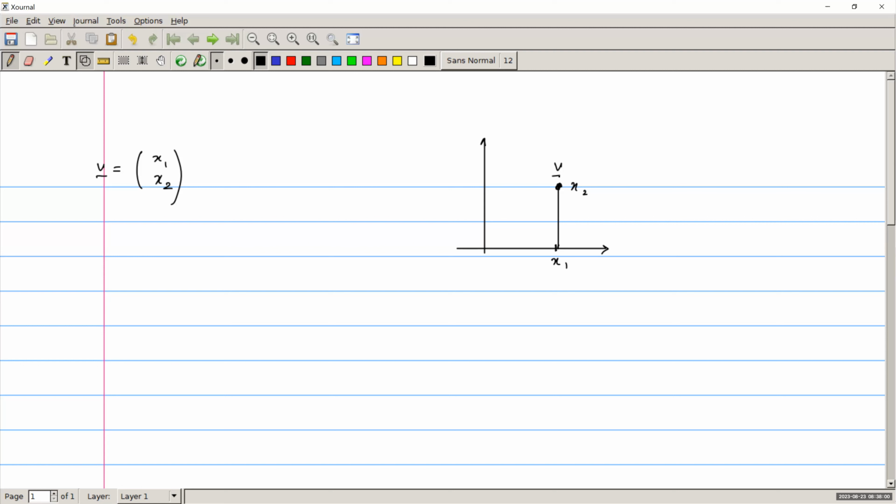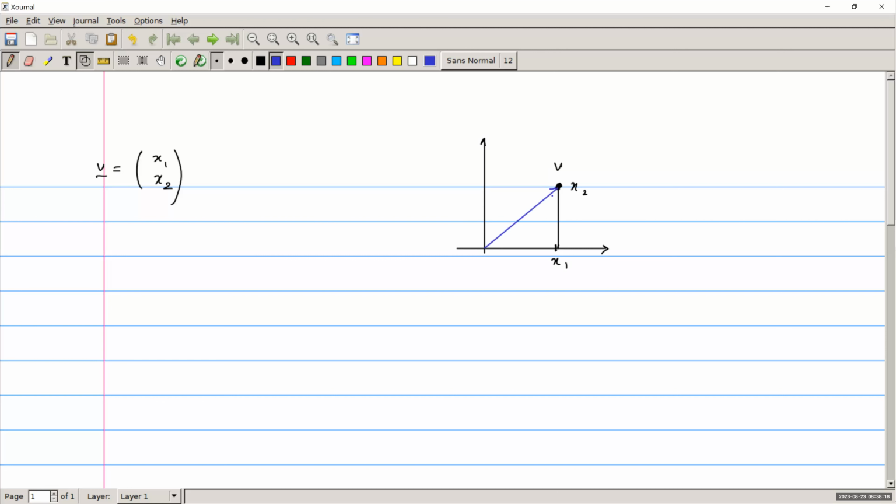So this is the point v, and this everyone is familiar with. What we do right now is just extend what you know.